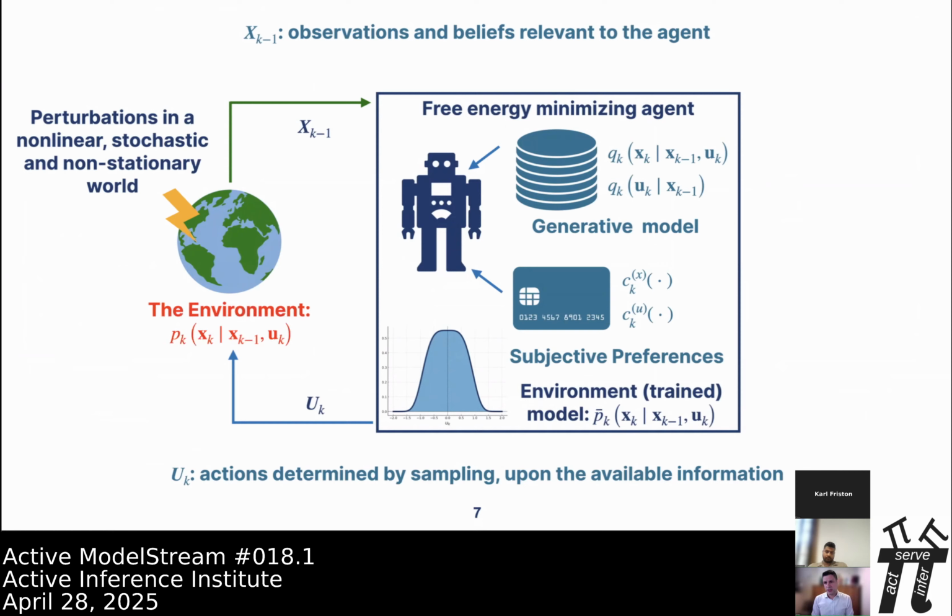Now, what is the point? The point is that the environment, the world, is different by definition from the world model. So we would like to study what happens when the trained model differs from the real environment.